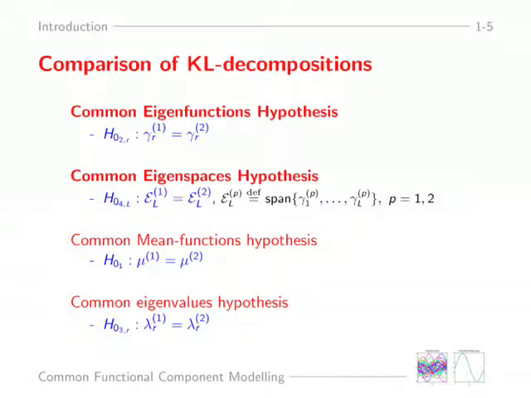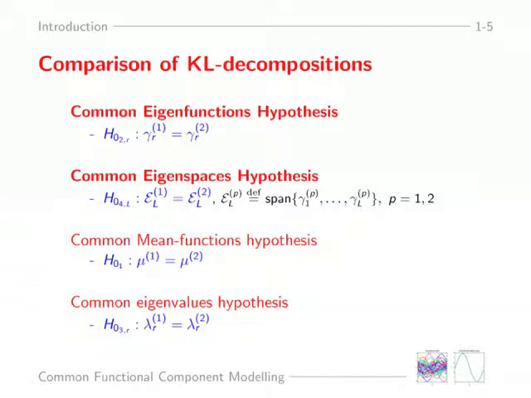And of course also these lambdas, the eigenvalues, correspond, as I said, to the variance of the betas, of these coefficients. So in a functional sense they may have quite an identical structure, but for example different variability, which will be expressed by means of the eigenvalues. So you have a lot of hypotheses you could assess here.